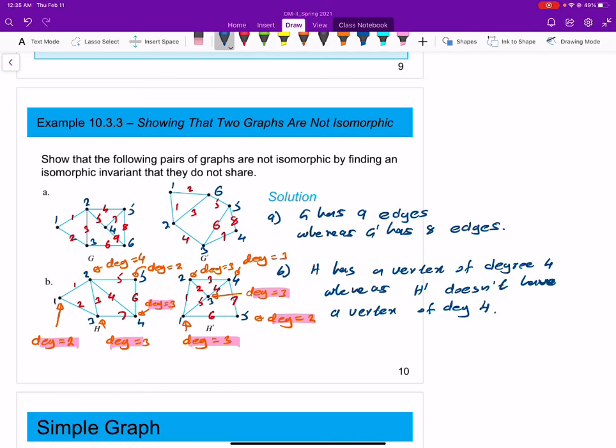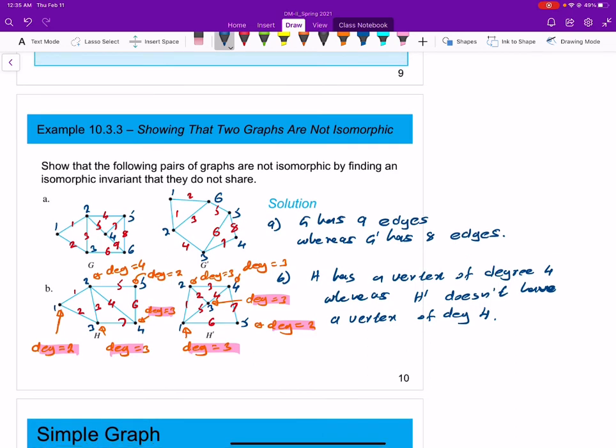Okay, then they are not isomorphic. This tells us they are not isomorphic.